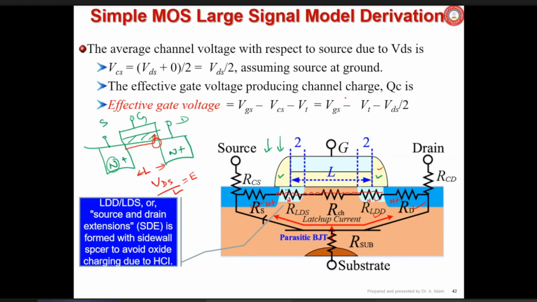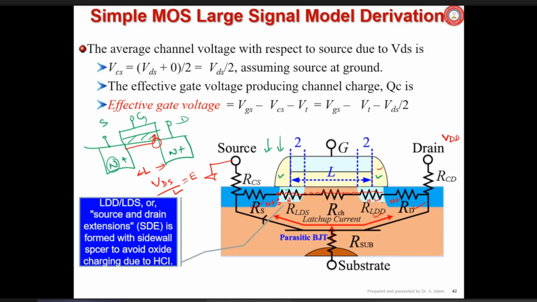Let us discuss the derivation of the equation. Voltage over here: because the source is grounded and the drain is connected to VDD, say 1 volt or so, at this point the supply is 0 volt.